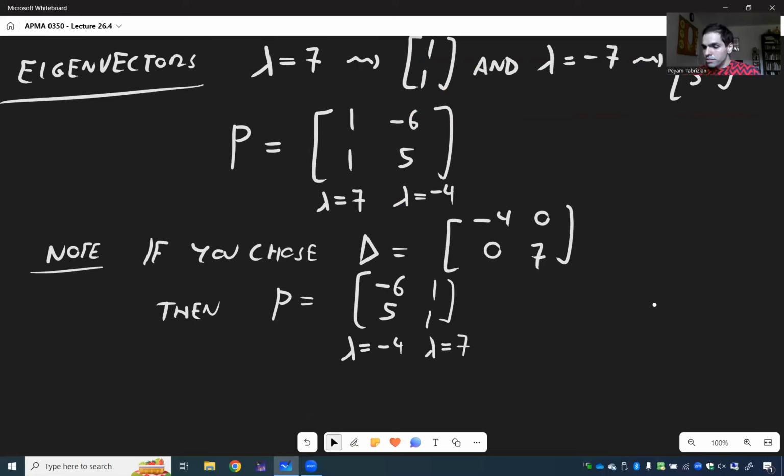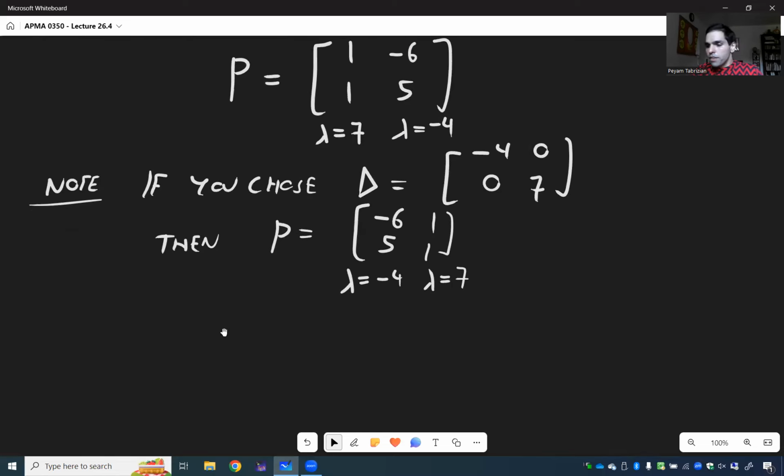So once again, once you chose the eigenvalues, it gives you the eigenvectors. And again, now it's a bit mysterious, but we will see why this is useful later on.